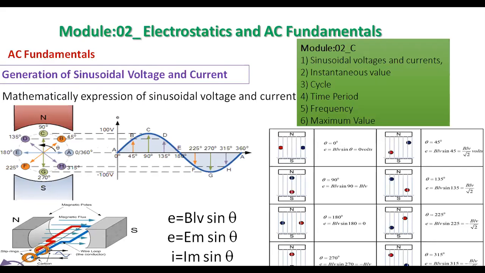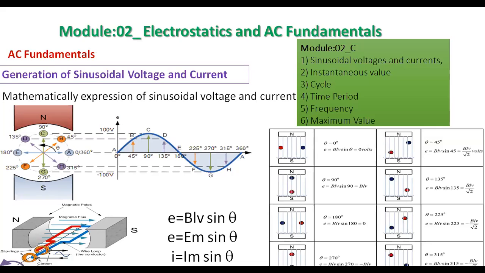Okay, so here from N to S there is a magnetic lines of force or magnetic flux. So here this magnetic flux is in parallel with the conductor. Whenever the conductor is stationary, the EMF induced in a conductor is zero. According to Faraday's law of electromagnetic induction, whenever there is a relative motion between magnetic flux and a conductor, EMF is induced.